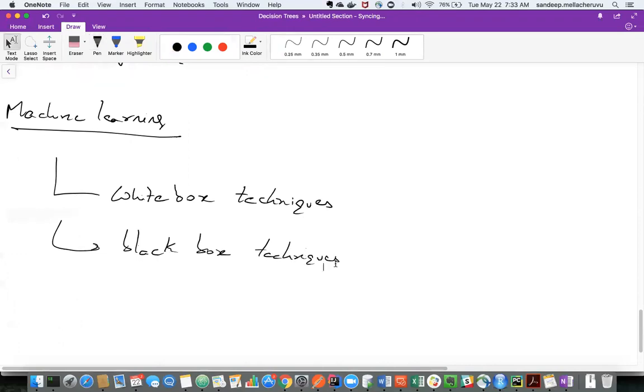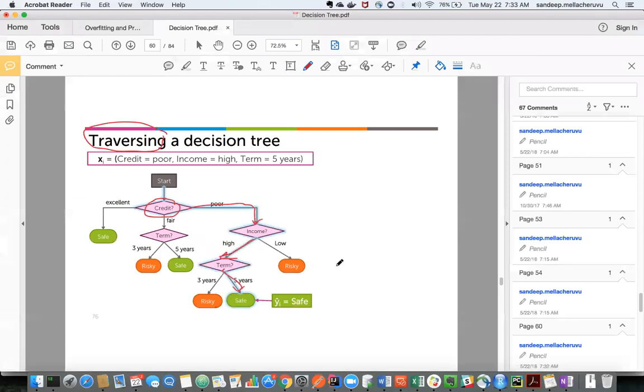So a white box technique is nothing but this kind of decision tree. What is the white box technique? You know exactly why a particular data point is predicted as a safe loan or a risky loan. For example, in this case, I am predicting it as a safe loan. Why is it a safe loan?